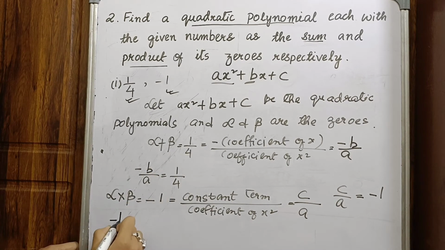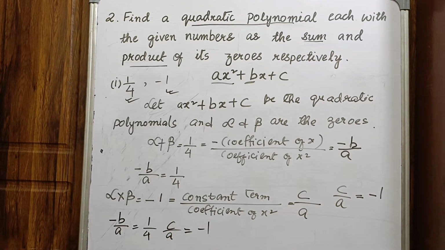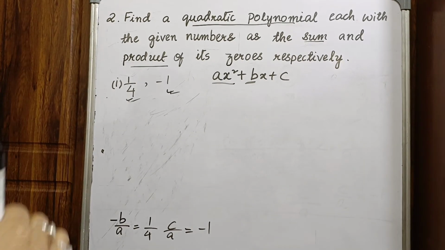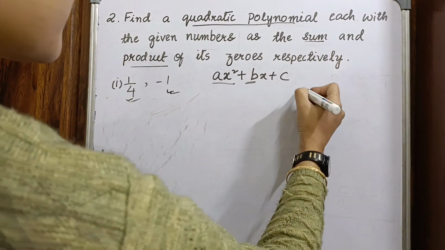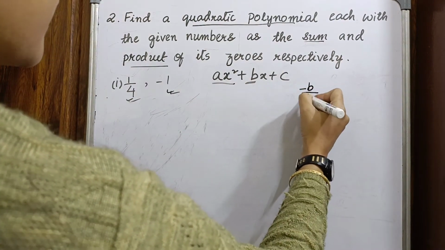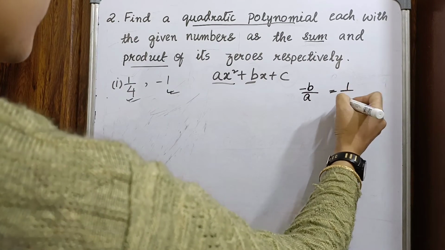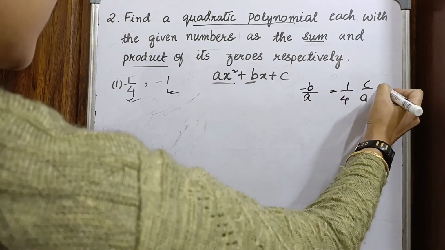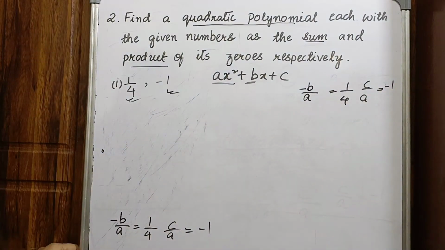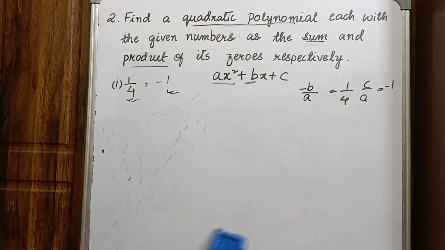First we'll write minus b by a equals 1 by 4, c by a equals minus 1. So we got two values.